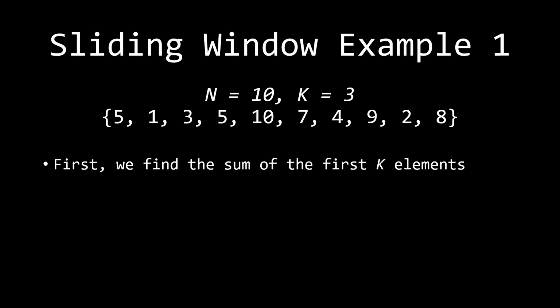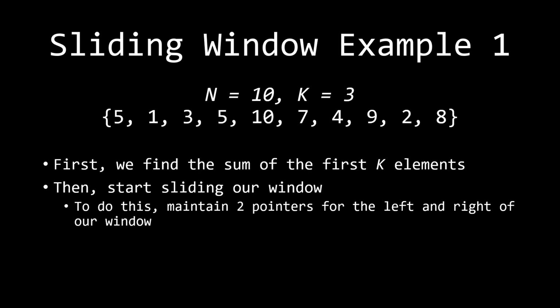But in the sliding window technique, what we want to do is first find the sum of the first k elements, and then start sliding our window in a linear fashion. To do this, maintain 2 pointers for the left and right of our window.